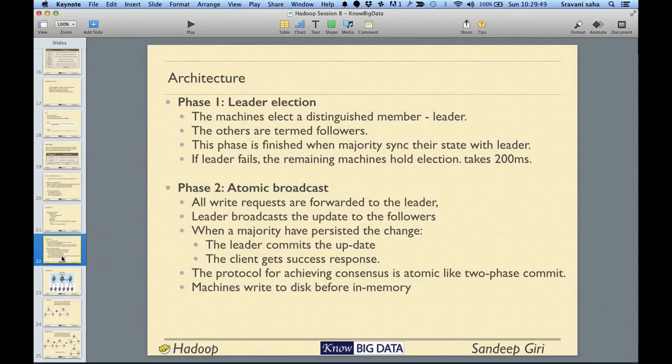Now, in case this leader fails to respond to the user's request or something happens, then the leader steps down and the remaining machines hold an election, and this process takes around 200 milliseconds. All right.